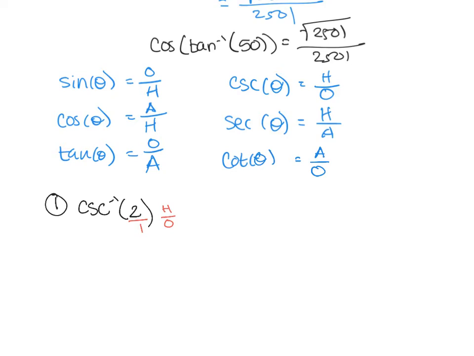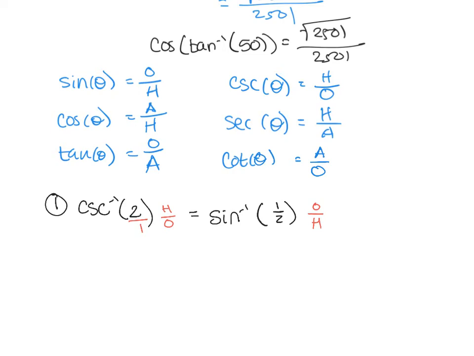So if I was to flip that, I can really say this is the same thing as sine inverse of that reciprocal, 1 over 2, giving us that opposite over hypotenuse. This works because they have the same restrictions, because they are the reciprocal of the same function.